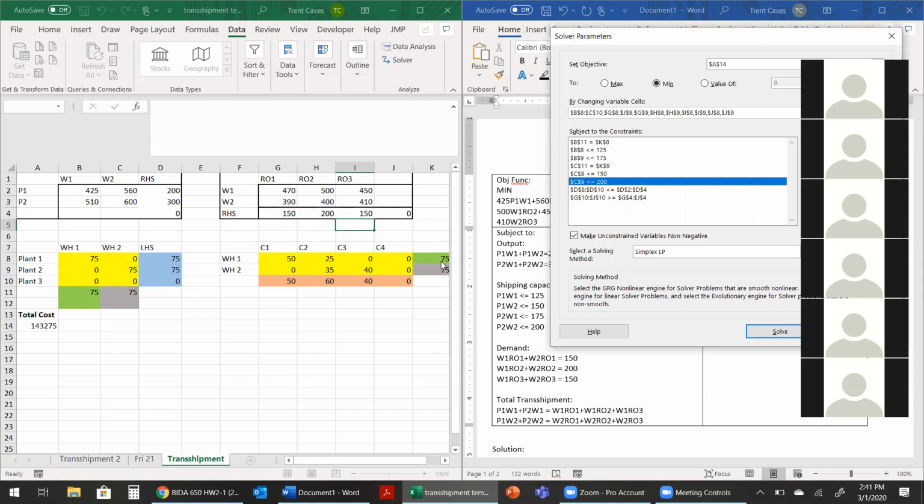We made that constraint by the cell references in K8, K9, and B11 and C11. And our capacity constraints based on those 4 cells. Let's solve it.